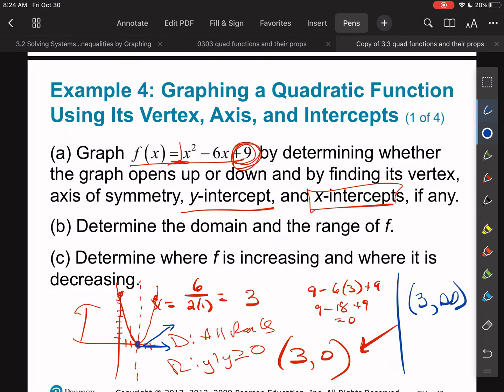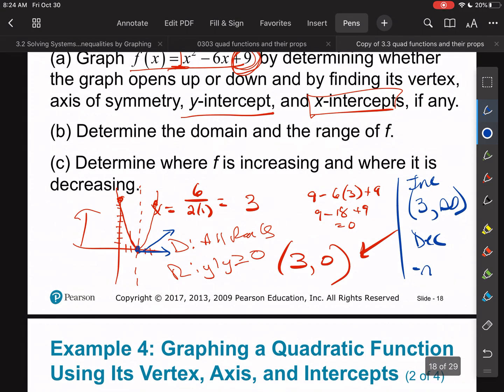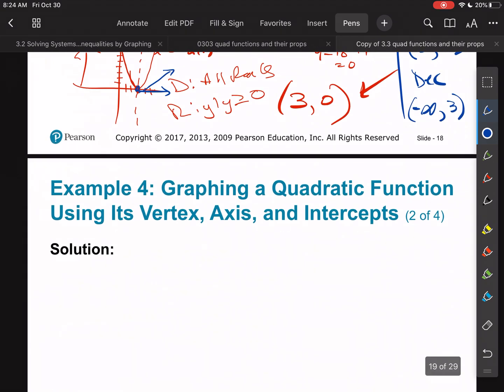And then it's decreasing from negative infinity to 3. I don't believe we include the 3 on that, because technically that is not a place where it is increasing or decreasing. So in interval notation, there you go, increasing, decreasing.